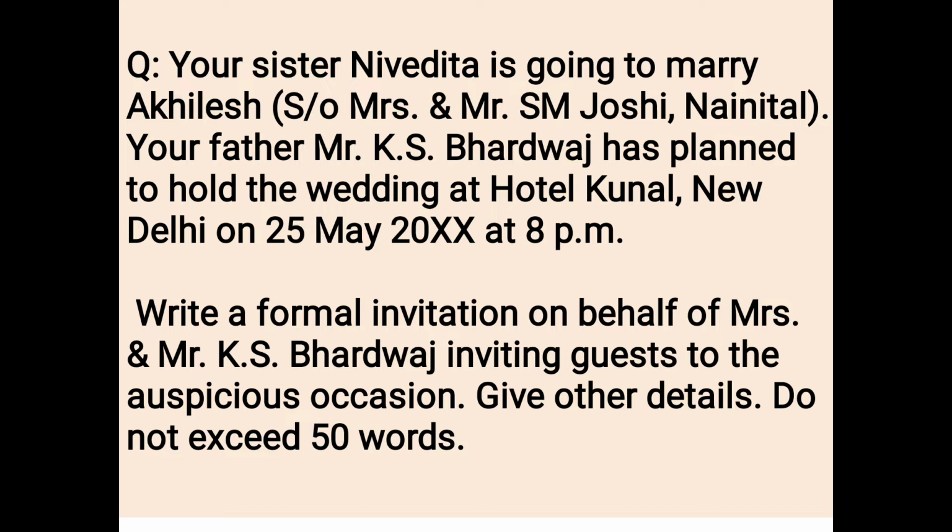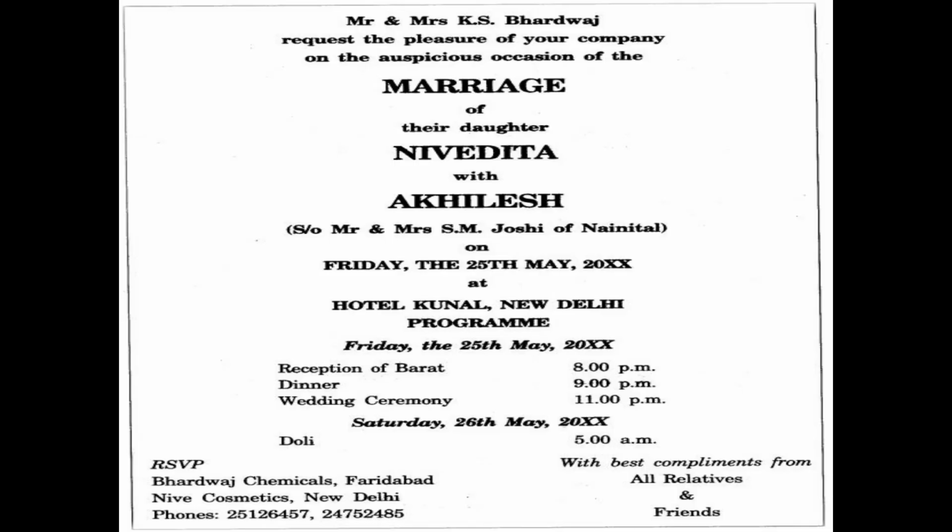So now how would it be as a formal card? Just see the card now. You have seen this. I am just telling you the way. First of all, the host, Mr. and Mrs. K.S. Bhardwaj, request the pleasure of your company on the auspicious occasion of the marriage. I told you it should be in capitals. So marriage, you have written in capitals, of their daughter Nivedita with Akhilesh. Always remember this thing: you have to mention son of Mr. and Mrs. So-and-so.